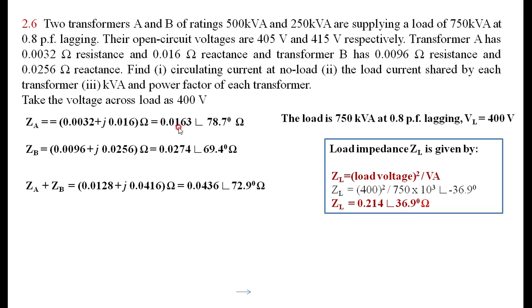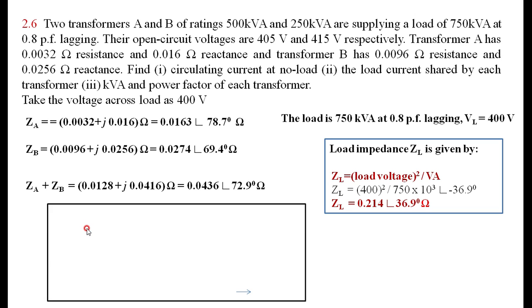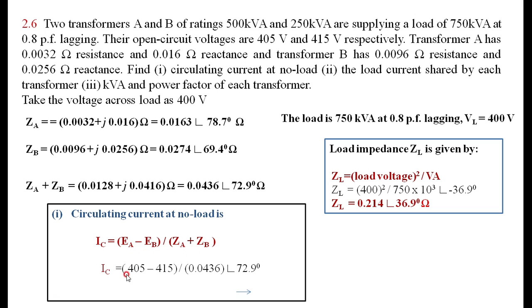You now have all the data, ZA, ZB and ZL. First he asked for the circulating current. The formula is IC equals EA minus EB divided by ZA plus ZB. That is what I am putting here: the circulating current at no load is IC equals EA minus EB divided by ZA plus ZB. We can straight away substitute.